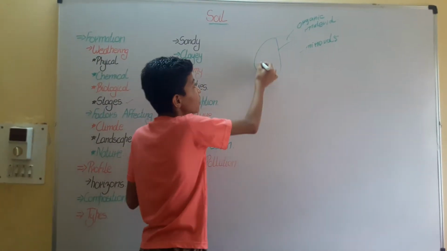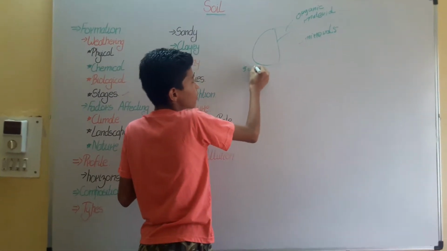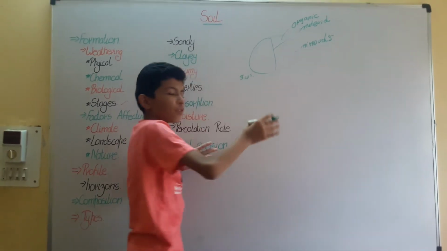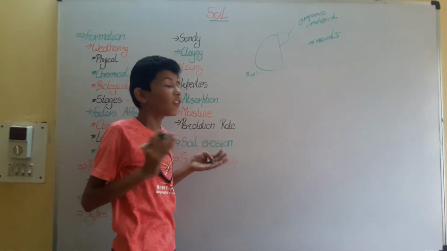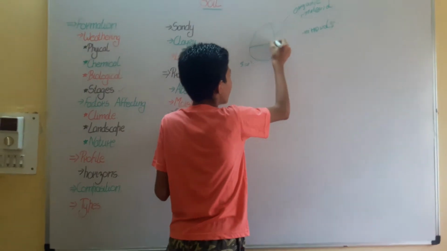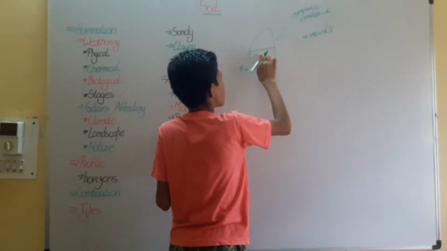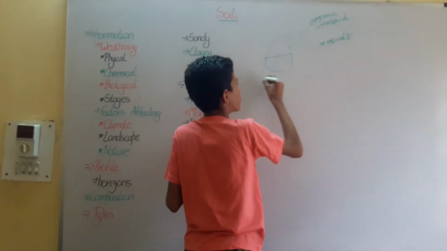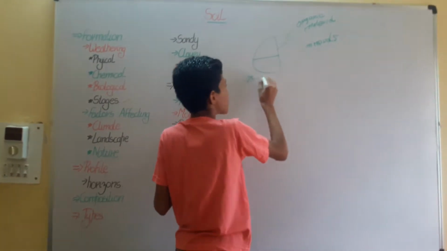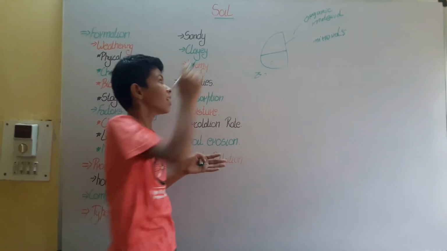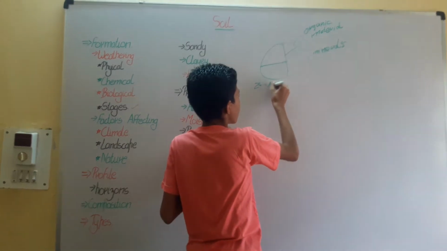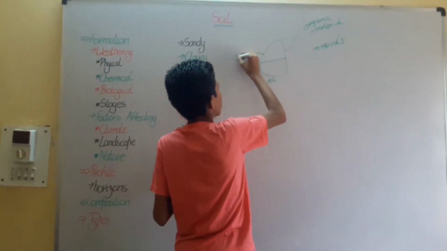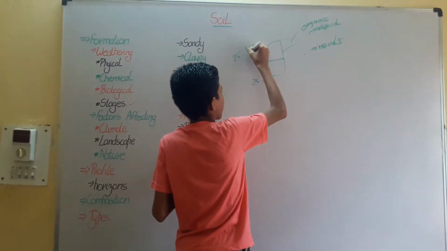Then we are left with 50%, because 44 plus 6 is 50. Of this 50, 25% is covered by air, and the remaining 25% is covered by water.